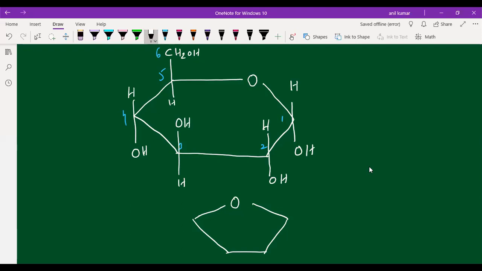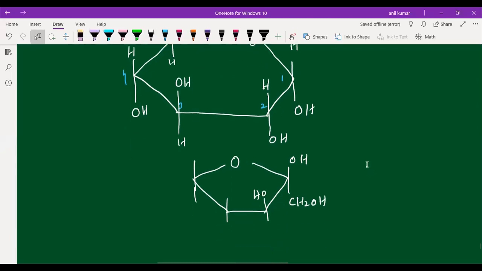Fine. Now you give the numbering for the fructose. How will you give the numbering for fructose? First you draw the lines which pass through the vertices: 1, 2, 3, 4. Right, students? CH2OH will be down and OH will be up. First carbon, second carbon, OH will be upside here, and hydrogen will be down.